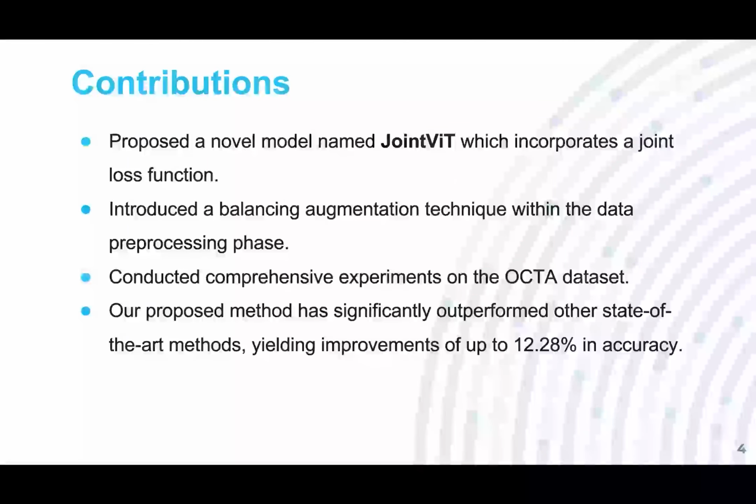To bridge this gap, our paper presents three key contributions. Firstly, we propose JointViT, a novel model based on the vision transformer architecture, incorporating a joint loss function for supervision. Secondly, we introduce a balancing augmentation technique during data processing to improve the model's performance, particularly on the long-tail distribution within the OCTA dataset.